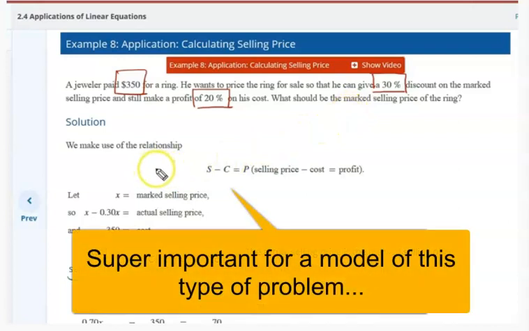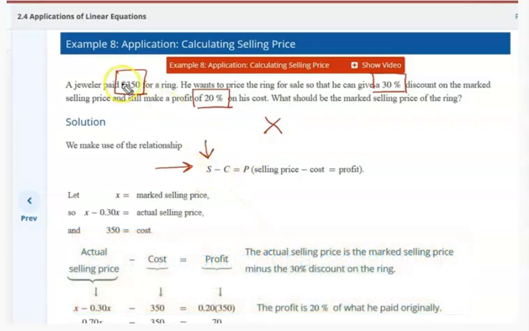Now, this model that was set up here is very important. Here we have the selling price, which we don't know. We're going to call the selling price X. Now, if you subtract the cost, which we know is $350, then you're going to have a profit.